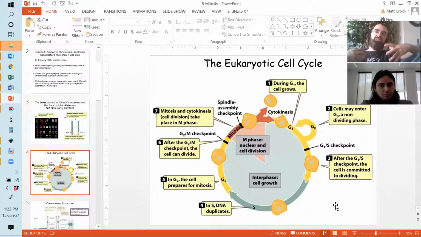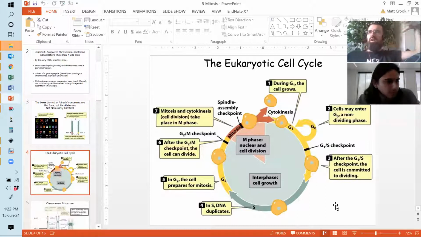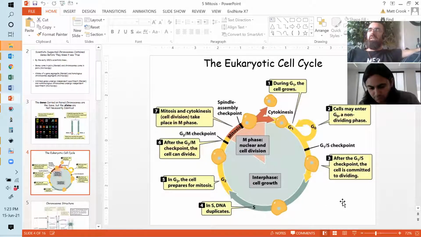So you need to build all the machinery to copy everything that you need. You need to build a whole bunch of extra stuff like cell membranes and organelles and so on and so forth to divvy up during cytokinesis. And so the main point is, at least in G1 phase, you're going to generate everything you need for DNA replication.